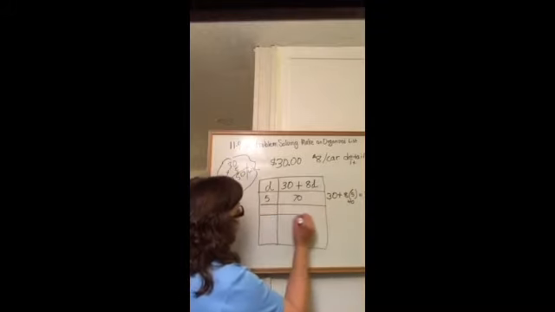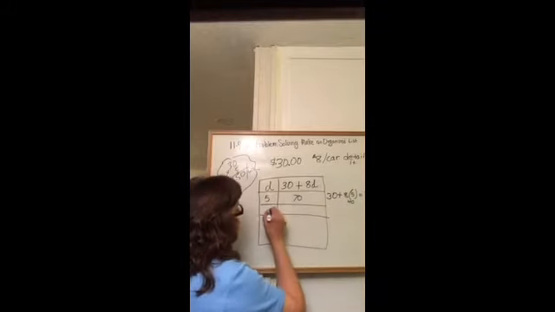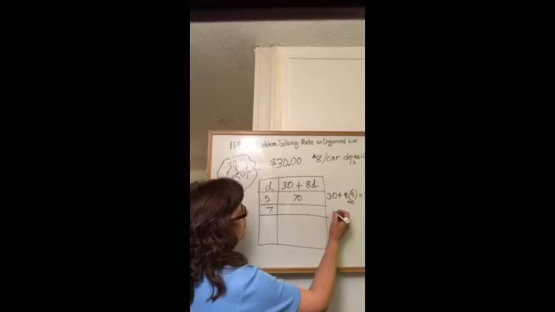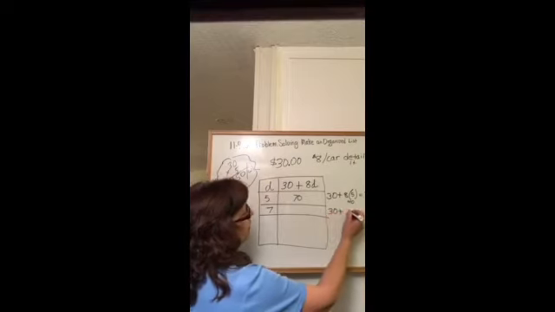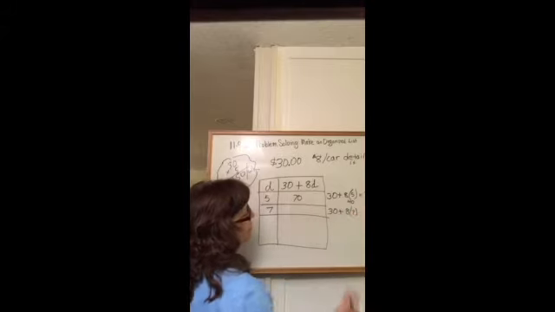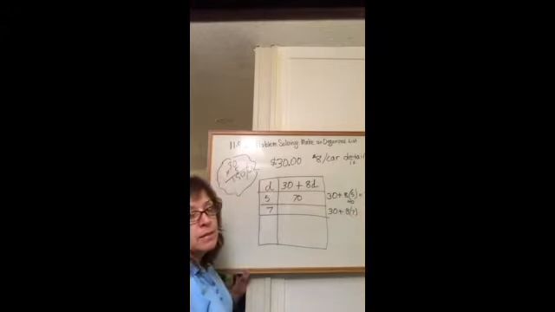Let's see what it would be if it was 7 cars that he's able to detail. All you do is plug in the 7 to the variable. $30 a day plus $8 per car times 7 cars. Now what is 8 times 7?